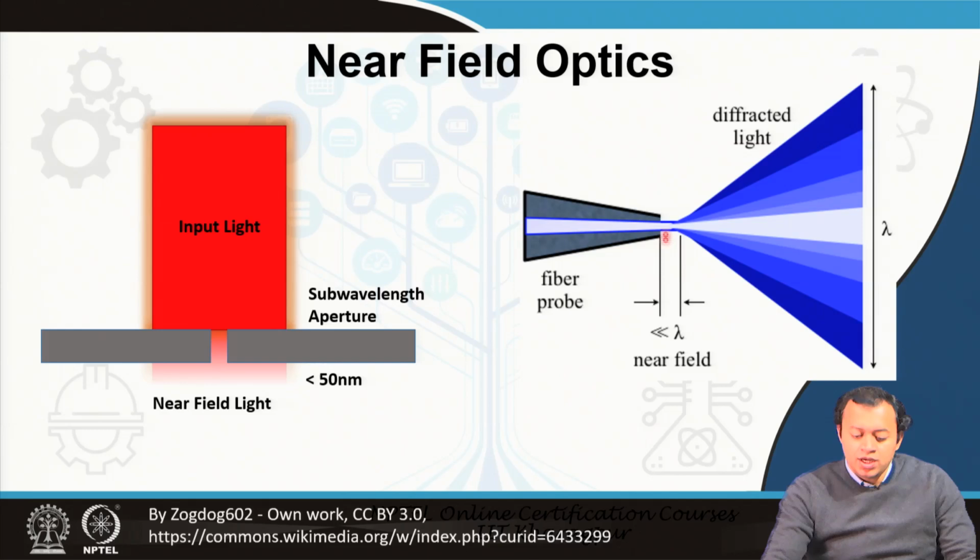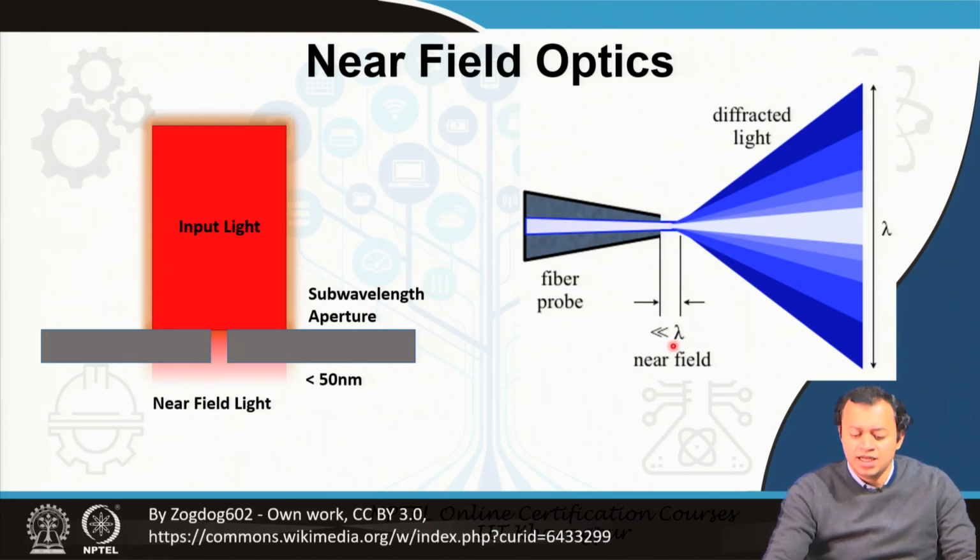It even exists when you have light emanating out from a source. This is the diffracted light, this is lambda, but this tiny area, this is the case where it is not coming out, it is not diffracting. Here in the optical fiber probe it is coming out, but in both cases you will see a tiny area very close to the source.